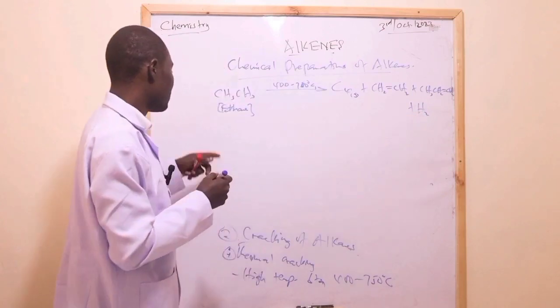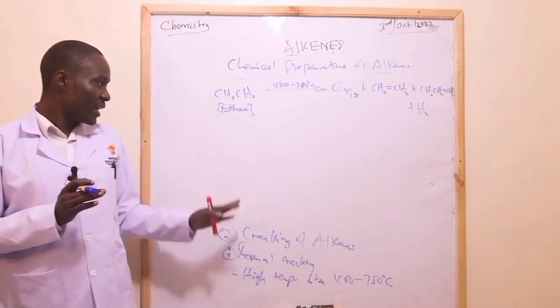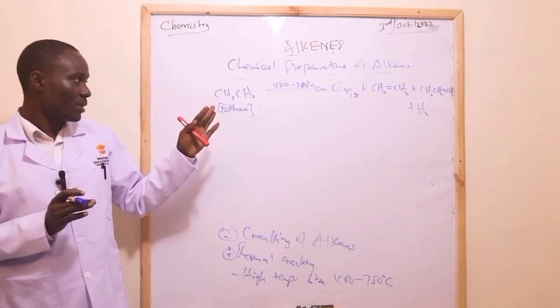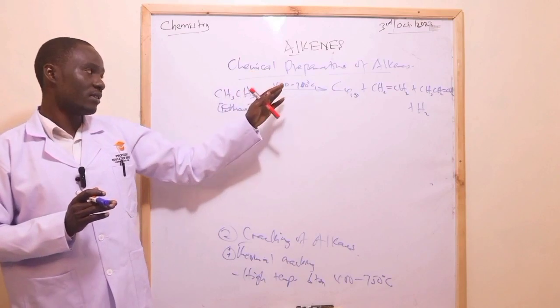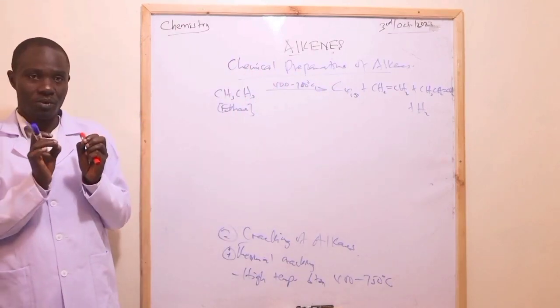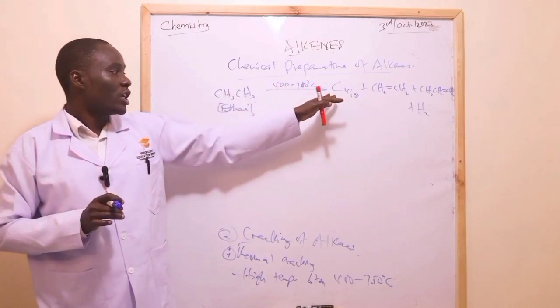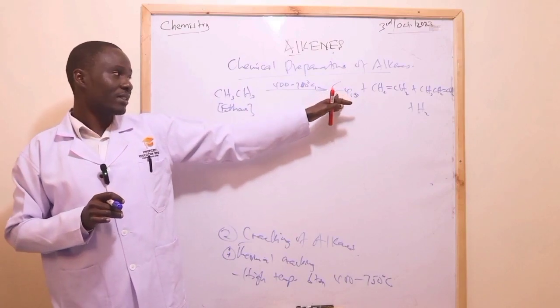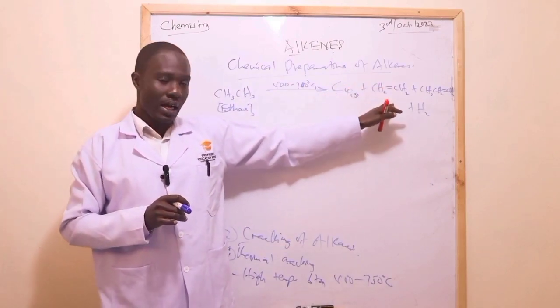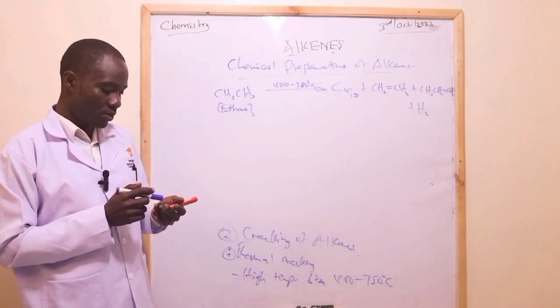So this can be summarized by saying that should we heat any member, subject any member to extremely high temperatures between 400 to 750 degrees Celsius, the long chains in them will be broken into smaller alkanes, alkenes, and of course hydrogen. That's what you need to know.